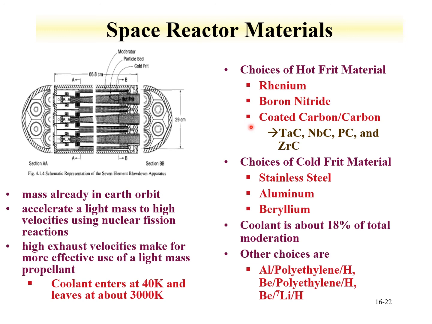There's a few choices that have been explored, including rhenium, boron nitride, and some coated carbon. There's a cold frit material that needs to retain some of the reactor components. And the coolant is about 18% of the total moderation. Other moderators of choice include aluminum and hydrocarbons.